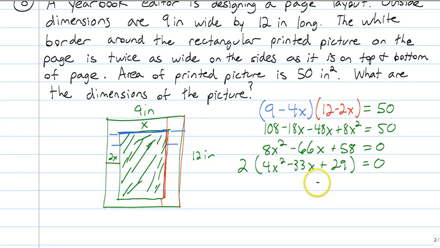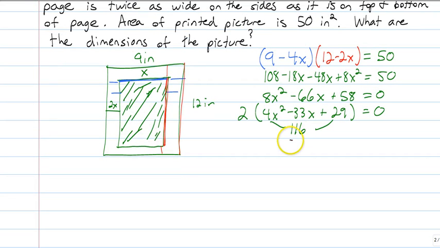If you multiply these, you get 116. So you need numbers that multiply to 116 and add to negative 33. Well, 29 and 4 add to negative 33 if they're both negative. So negative 29x, negative 4x, and then this becomes 4x squared.